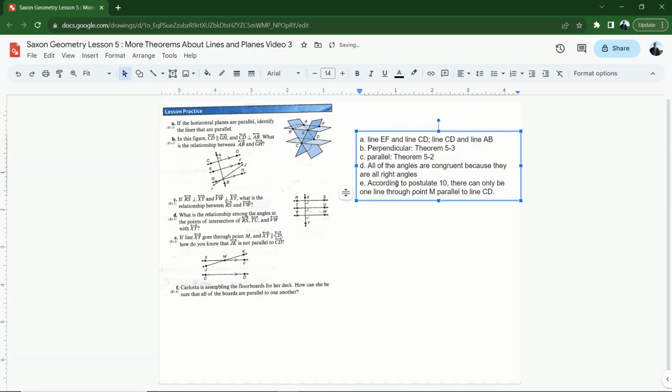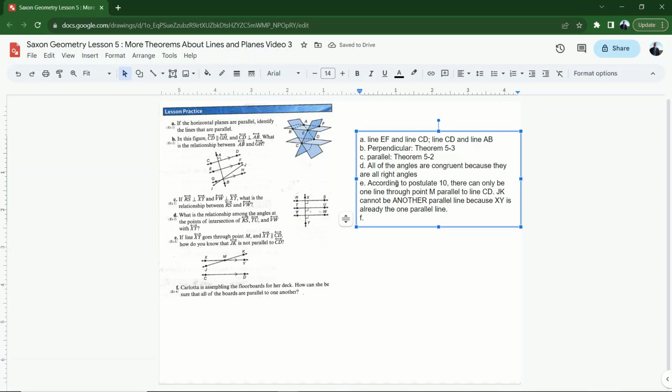I know that JK, therefore, cannot be another parallel line because XY is already the one parallel line. There we go. That answers the question. And then letter F, Carlotta is assembling the floorboards of her deck.